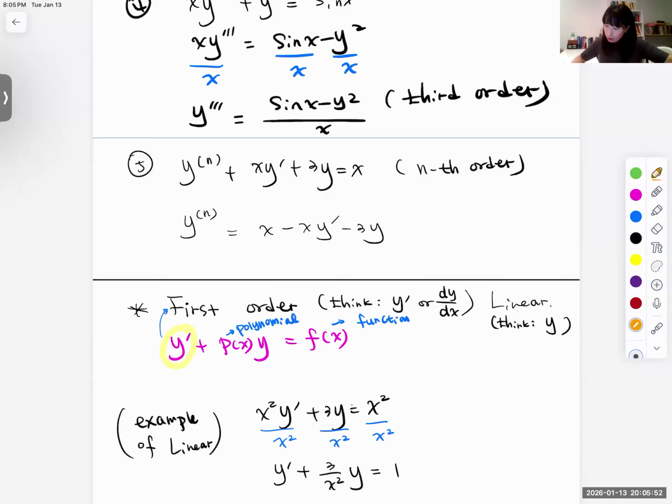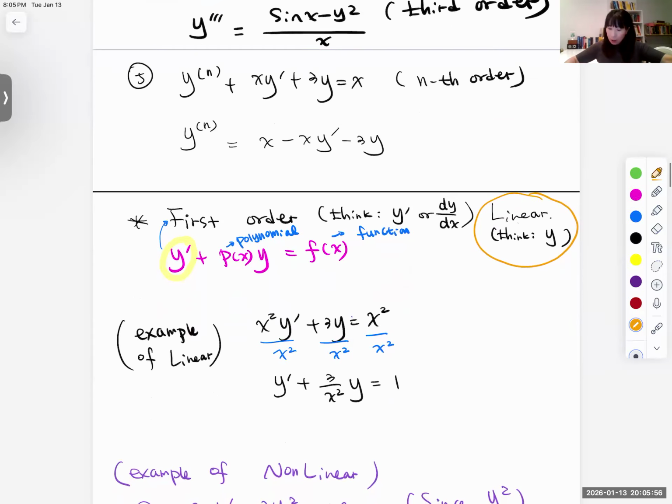Let's take a look at an example of linear. This is linear, and this is first order. This is also first order, because the highest derivative is the first derivative.